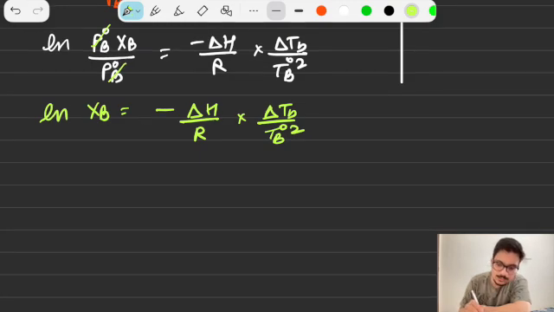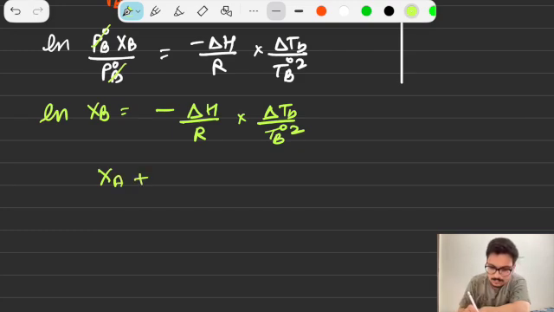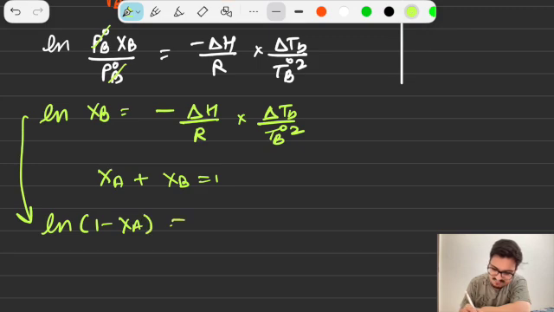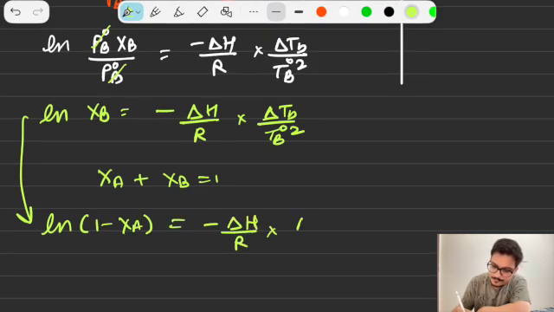For a binary solution, mole fraction of A plus mole fraction of B would be equal to 1. So natural log of mole fraction of B would be natural log of 1 minus mole fraction of A, which equals minus delta H upon R, delta TB upon T naught B square.